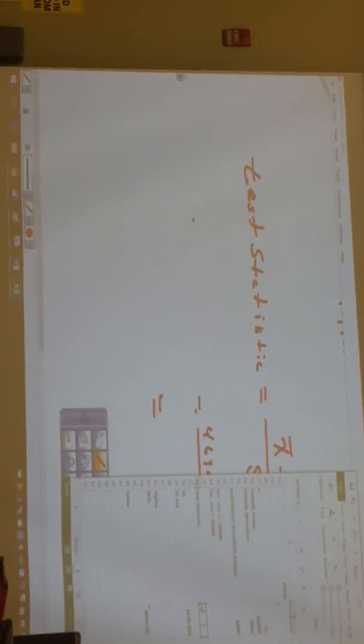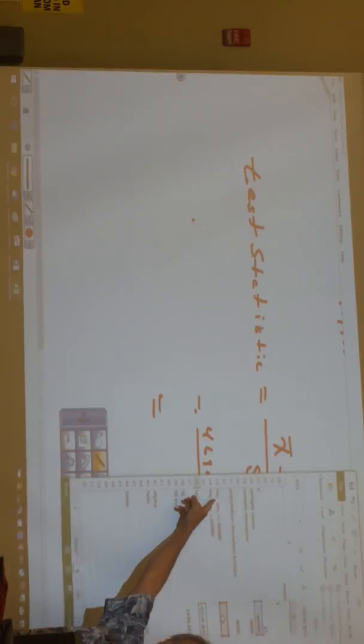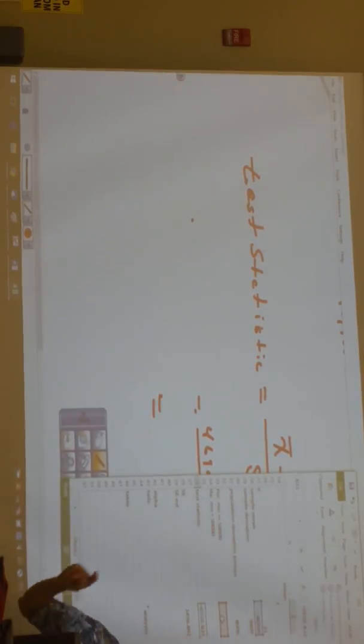Okay, so I'm going to take this. Now, I'm going to take the mean of my sample, I'm just going to click on it, minus the mean of the 50,000. I didn't write that, but I'm going to put it right here on my null hypothesis.